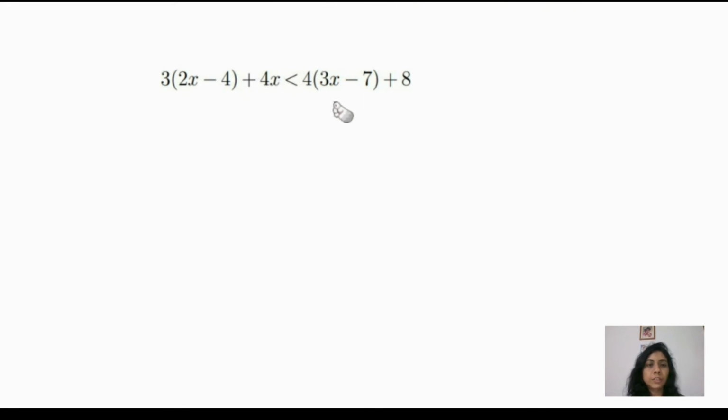Now another question. This is an inequality, but we have to convert it to an x inequality. So first we have to solve for x. Here there are parentheses, so we can use the distributive property. 3 times 2 is 6x, 3 times 4 is 12, plus 4x, less than 4 times 3 is 12x, minus 28 plus 8.